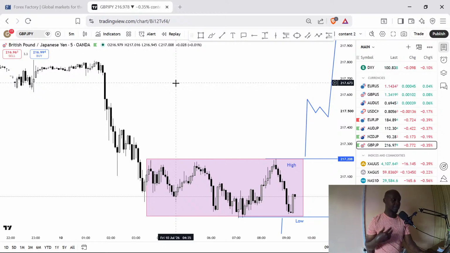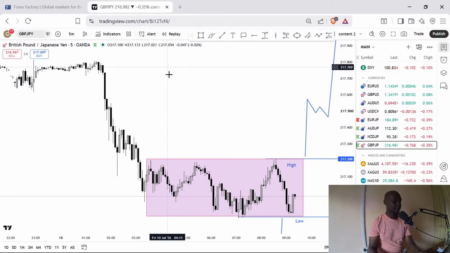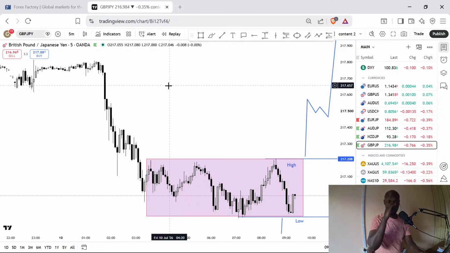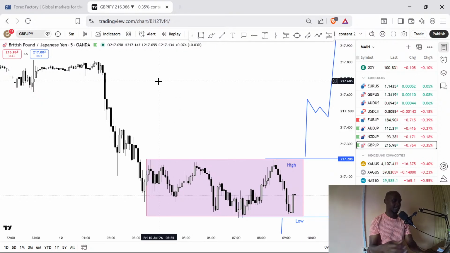For me, I'm able to trade both the intraday and the swing approach without any difficulties, because first of all, the concept is exactly the same. The strategy and the entries are the same. It's just the time frames that I use to analyze and to execute the trades that are different.